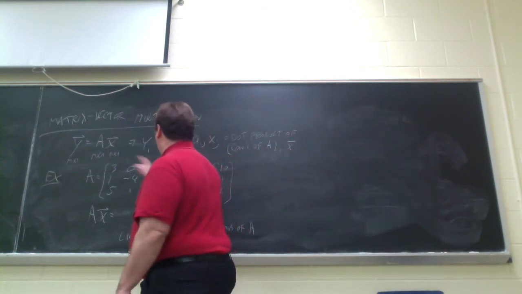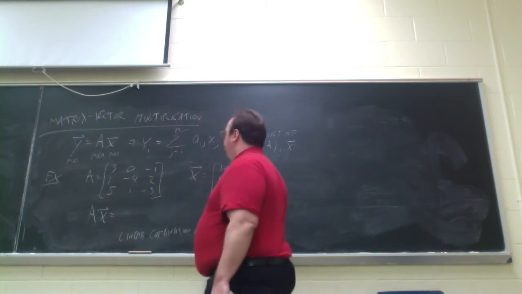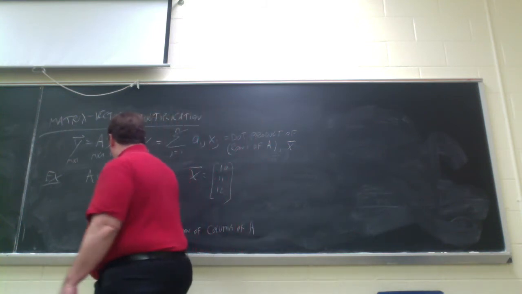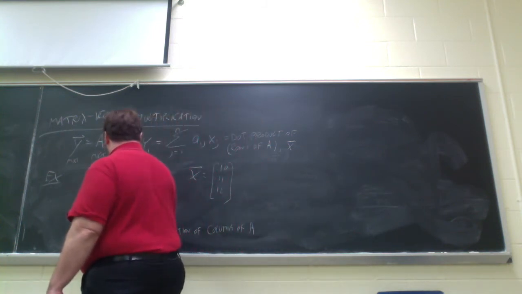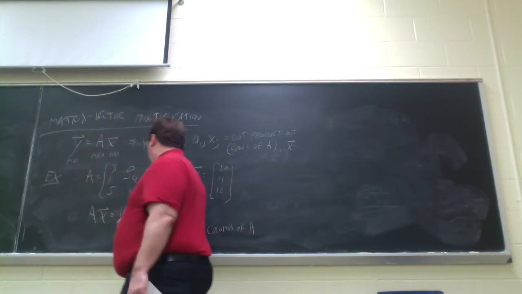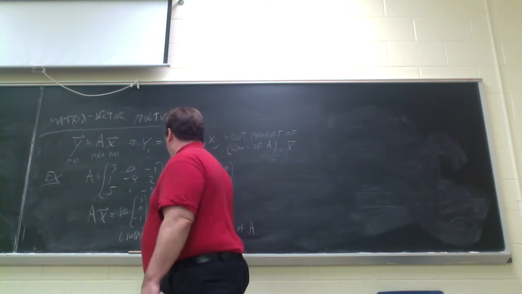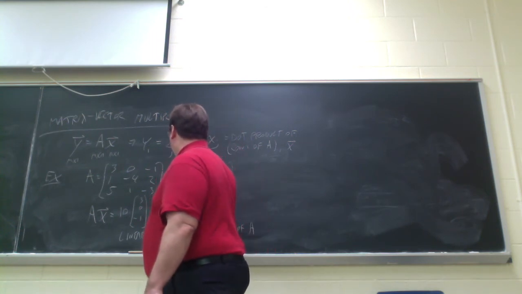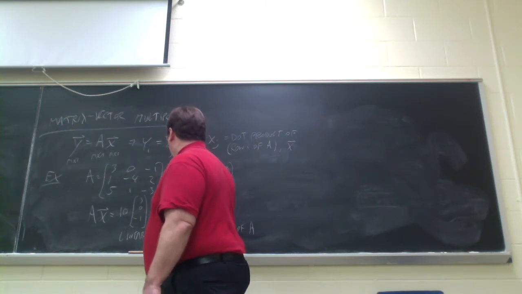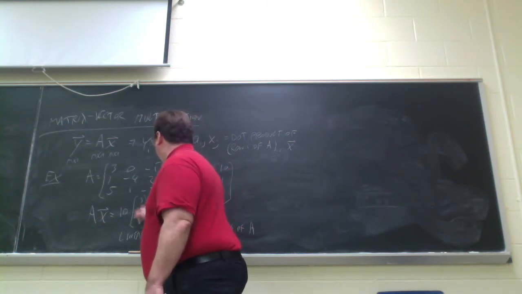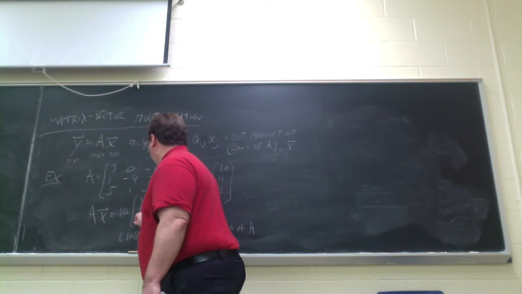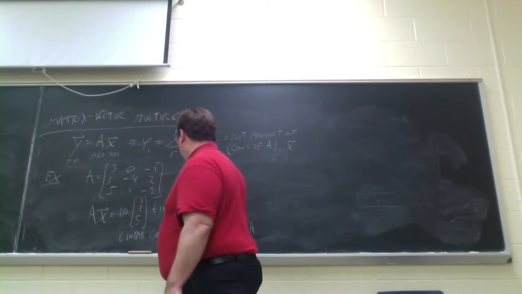So if you were to carry this out according to a formula, that would amount to 10 times the first column, so it's the first element of x times the first column, plus the second element of x times the second column. Whoops, totally messed that up. First column, not row.